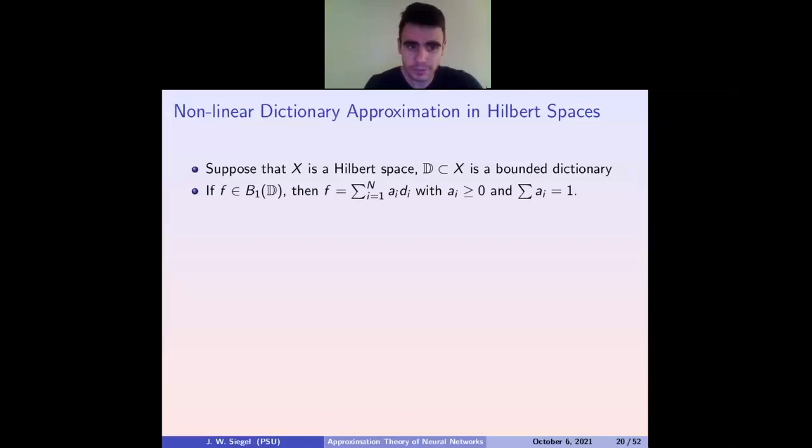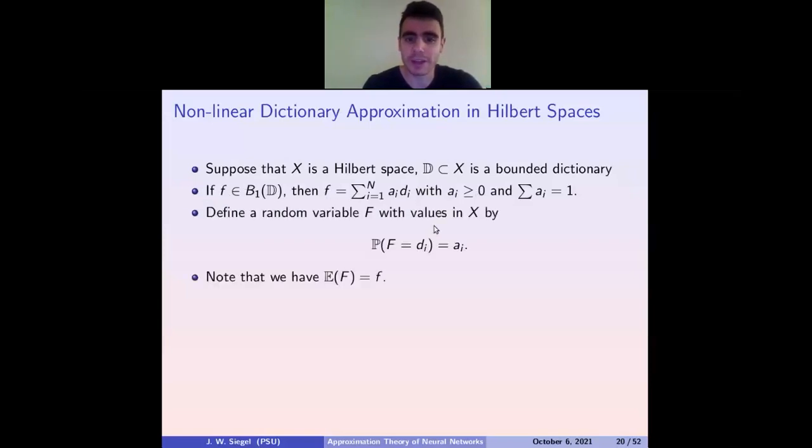Being in the convex hull of this dictionary just means that I can write F as an expectation of some probability distribution over the dictionary elements. So essentially, being in the convex hull just means I can construct a random variable whose expectation is F and whose values lie in the dictionary.